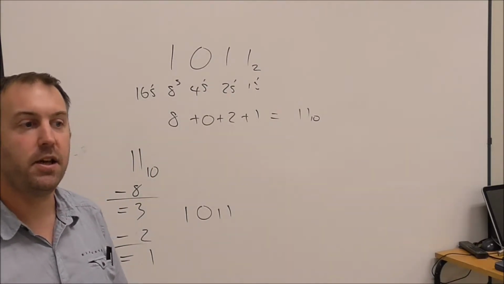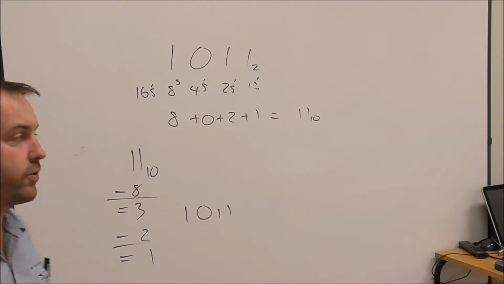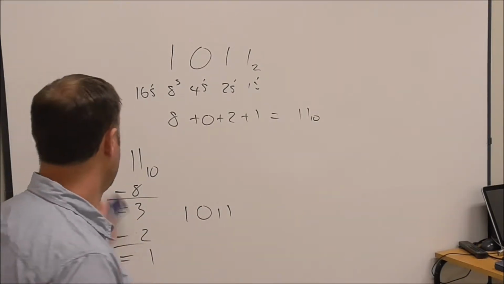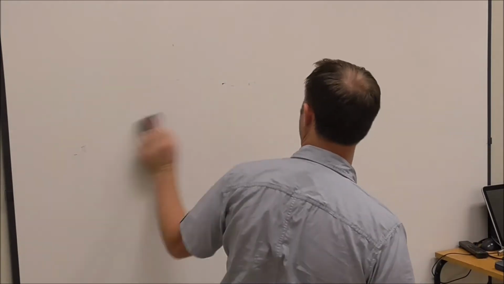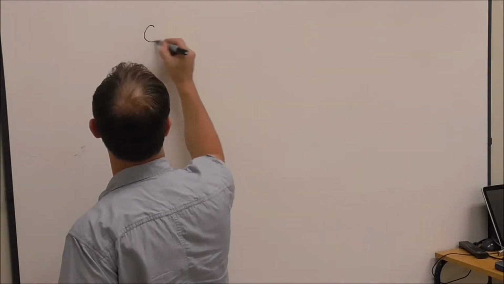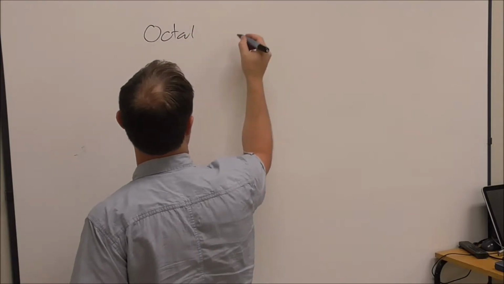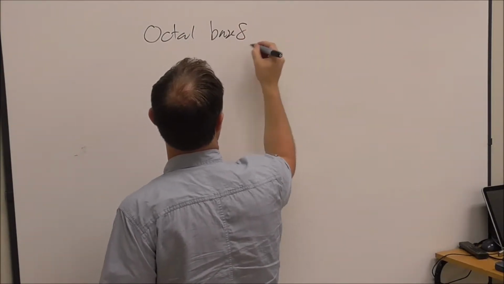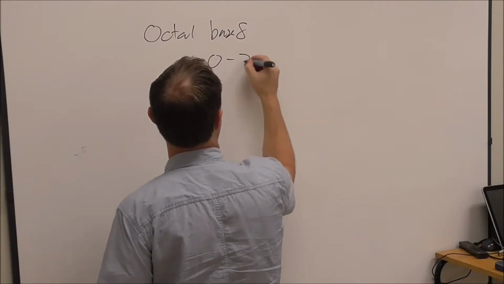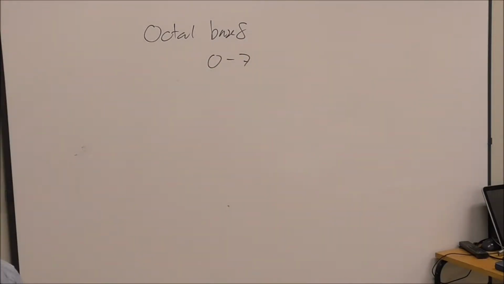Octo means 8, so there are 8 symbols in octal. So in octal, the symbols are 0 through to 7, as it's a base 8. So 0, 1, 2, 3, 4, 5, 6, and 7. Okay.